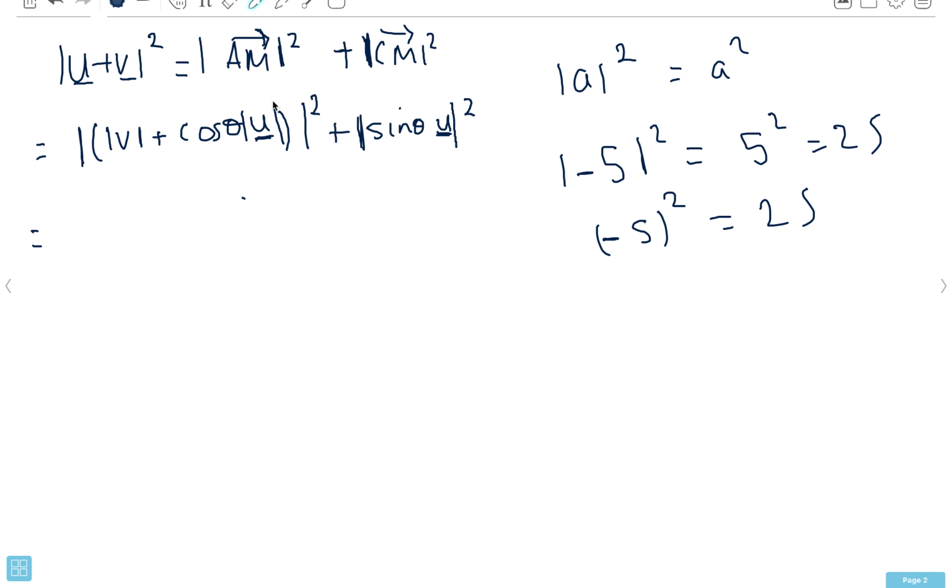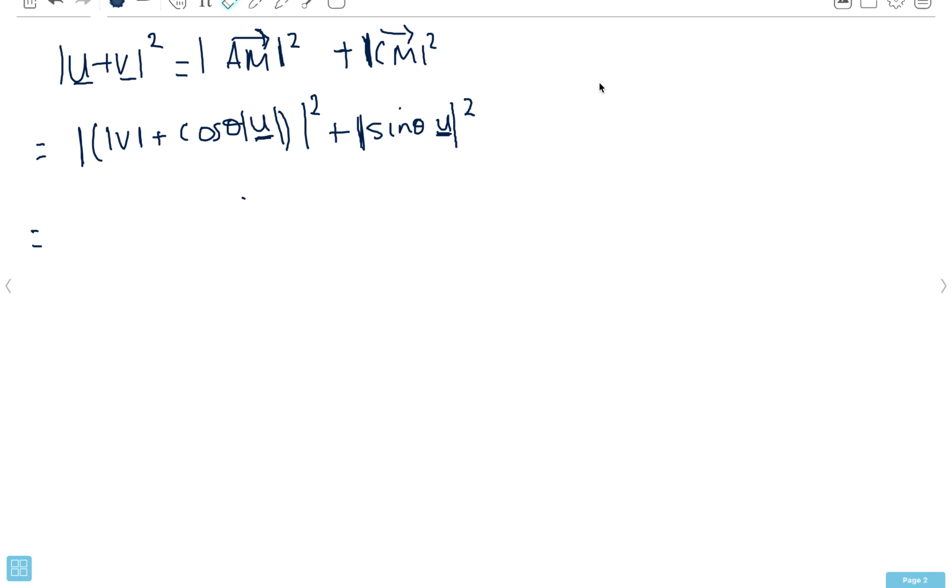So we're going to use that over here. We have a modulus of this squared, so we can just square the inside part, so it's all of that squared.